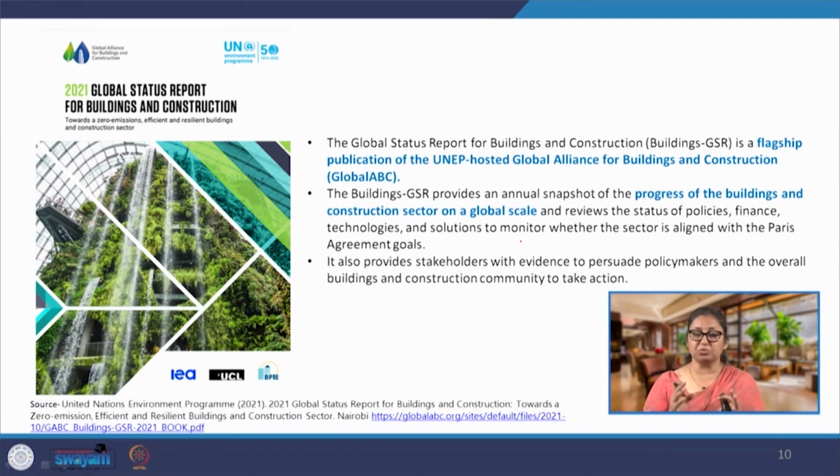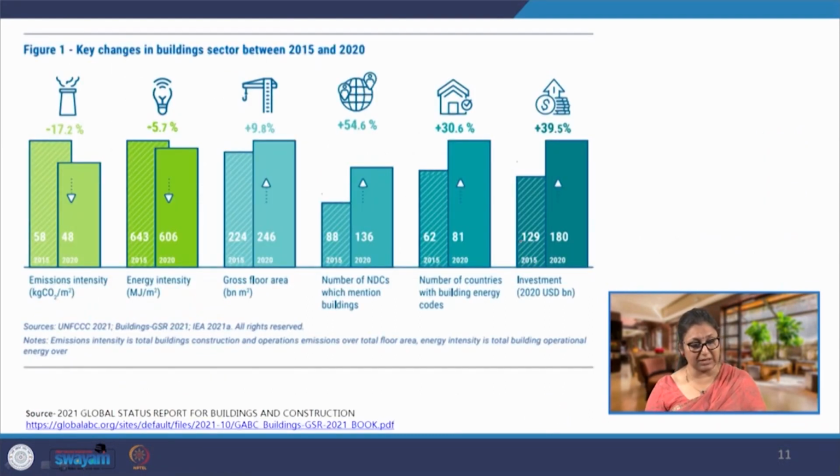They continue to monitor the progress of the buildings and construction sector on a global scale. They look at different specific regions, the materials, the technologies, and how the buildings and construction sector is transforming, and they report it annually.